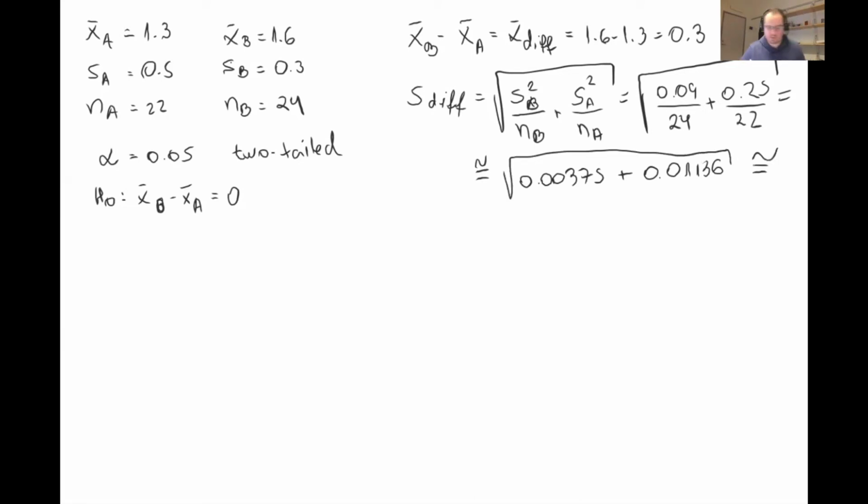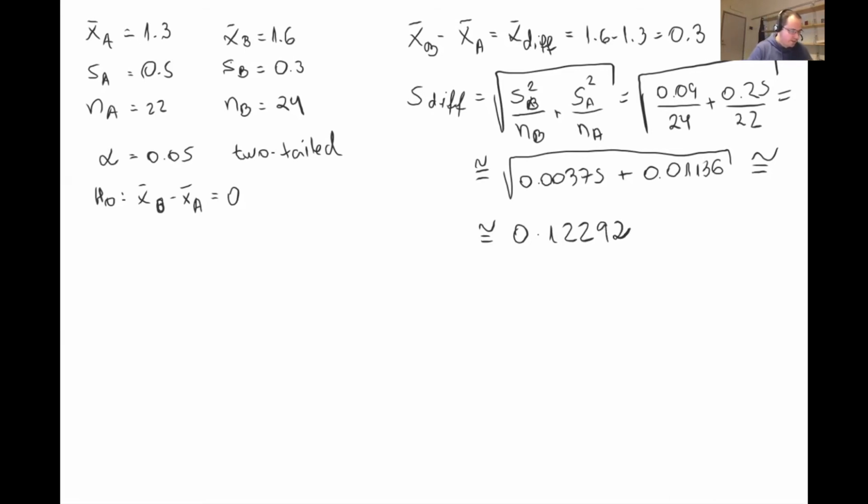So again, 0.00375 plus 0.01136 is 0.01511. And then I'll just take the square root of that because why not? That gives us something close to 0.12292. Okay, so this is our standard error.